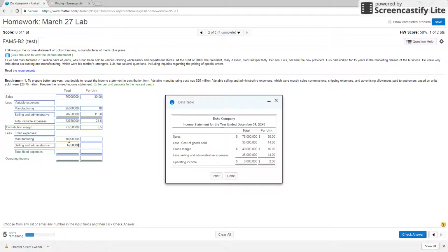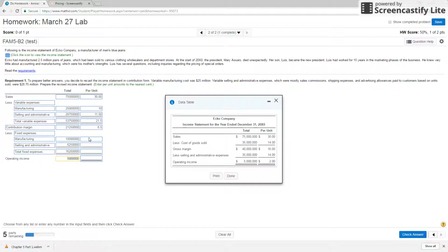So the total will be 16,250,000. Our operating income is this number minus that number, which is $5 million.